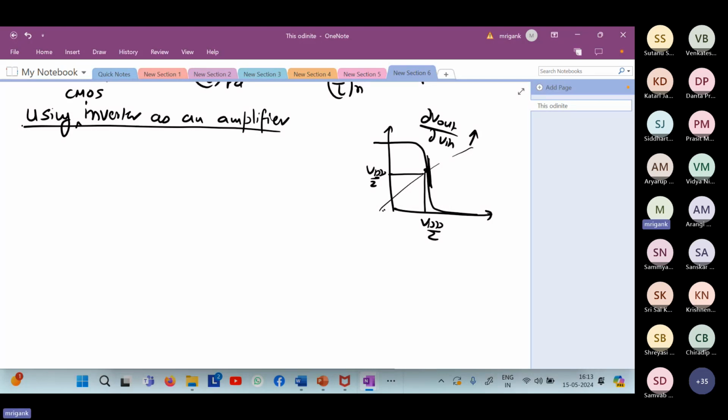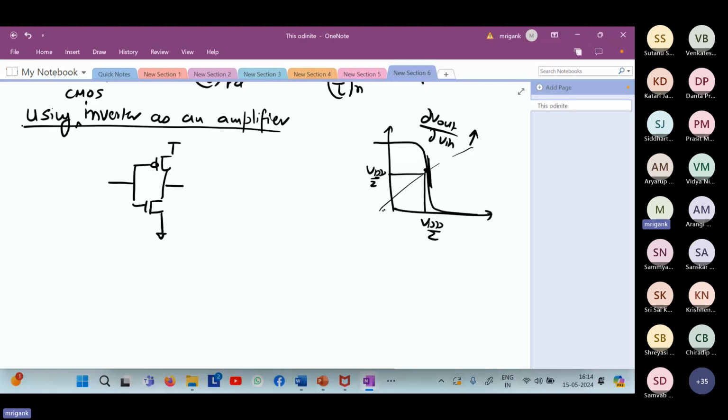Now in this case, how do we use it as an amplifier? What do we need to do to make it operate as an amplifier? How do you bias it? Given this inverter, how do you make it work like an amplifier? Anybody? If you have seen some of my earlier recorded lectures, maybe I have discussed it somewhere.